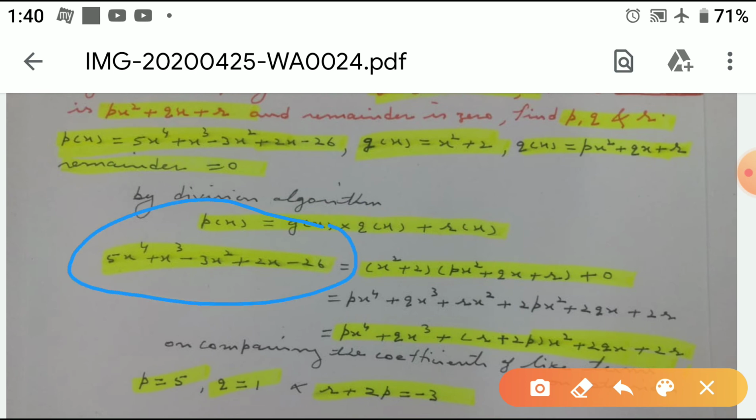We have 1, 2, 3, 4, 5 terms on the left hand side and 5 terms on the right hand side. So here x4, here x4, x cube second terms, x cube, x square, x, without x, that is constant term, and here is constant term. So similar terms on the left hand side as well as on the right hand side.